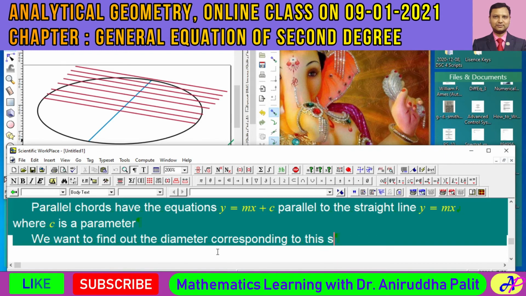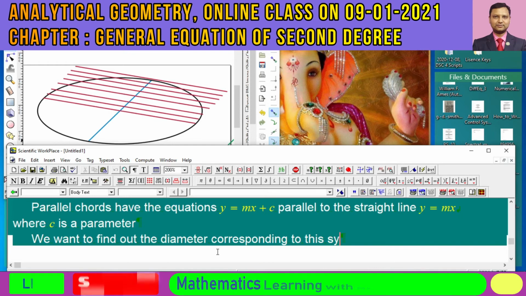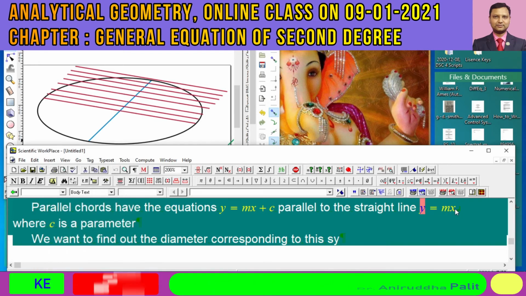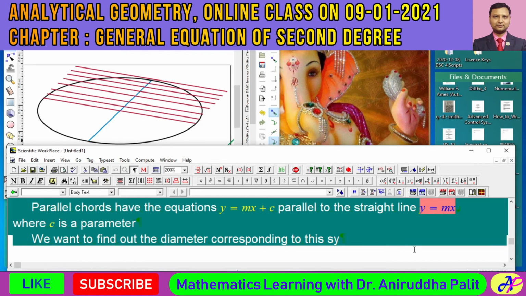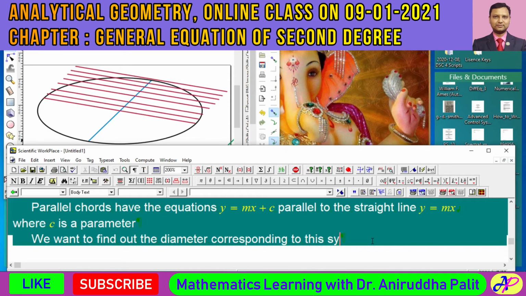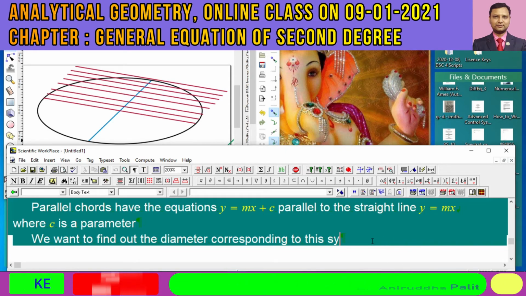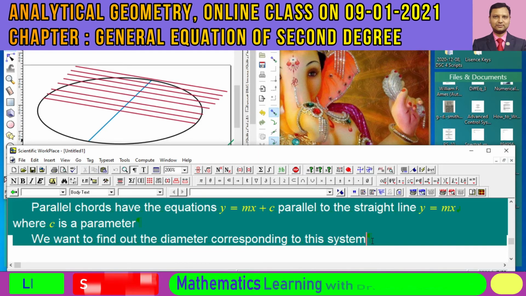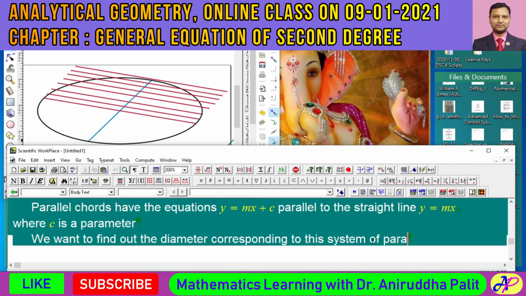Altogether there are an infinite number of chords parallel to the straight line y is equal to mx, and all these straight lines are collectively called a system of parallel chords.